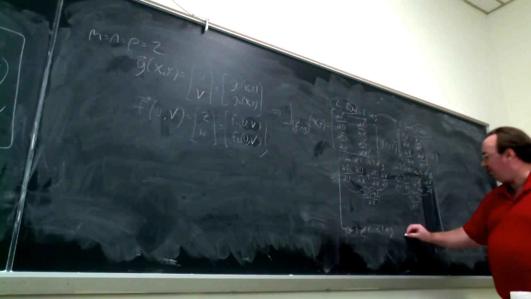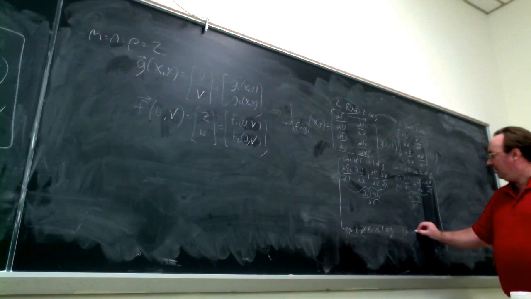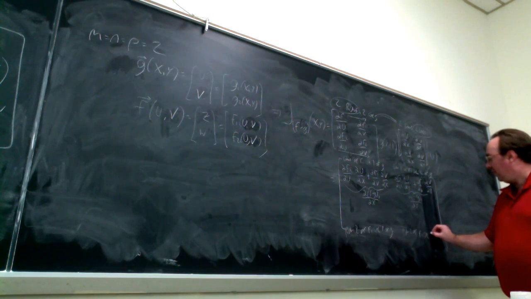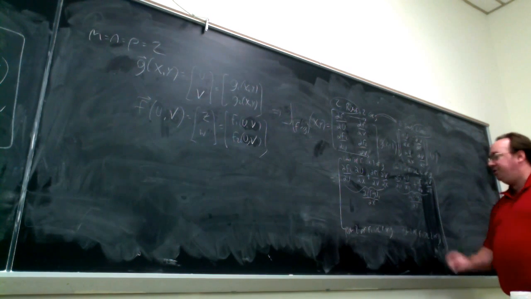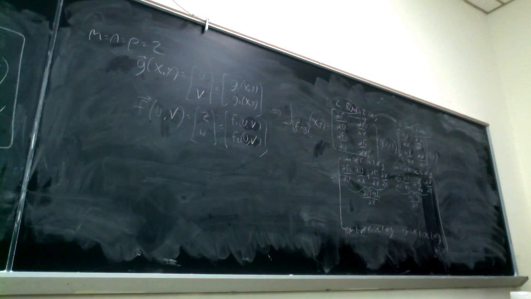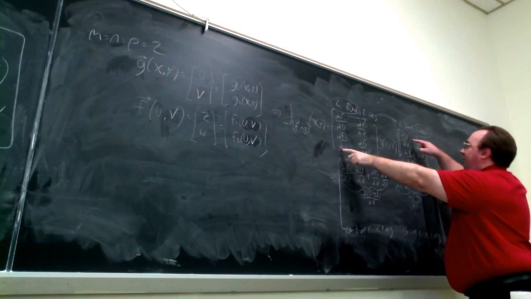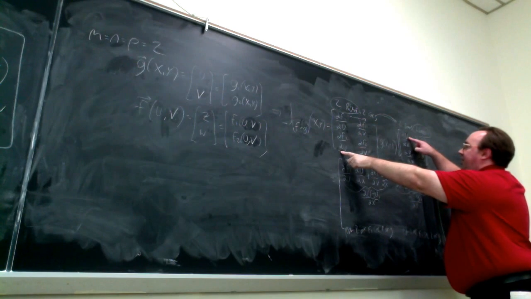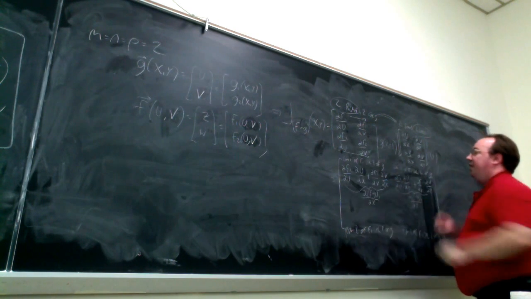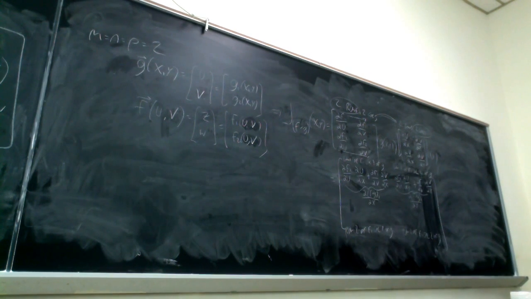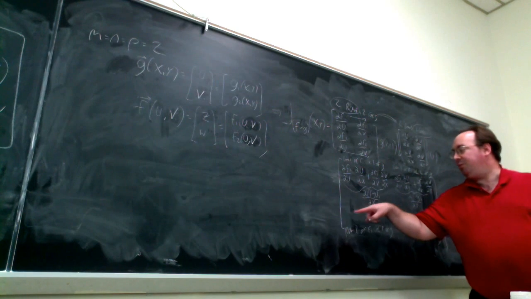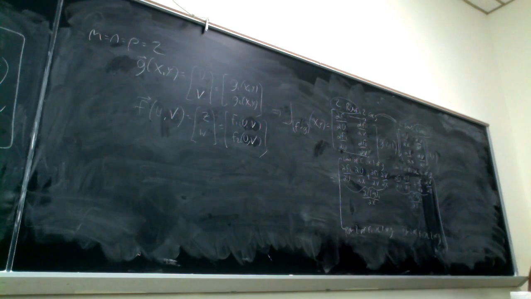And then over here we're going to have row 2 of f, column 2 of g. So again, I'm going to go across the row and down a column. So I multiply these together, and then multiply these together, and I add. So give it a shot. What am I going to have down here? So I'm going across the second row of f, but down the first column of g.